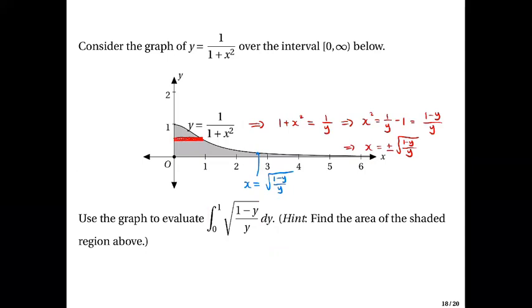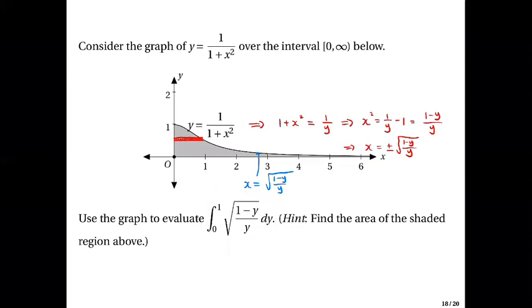We are using horizontal strips. But again, as I have said, you will not be able to integrate this using the methods that we know.